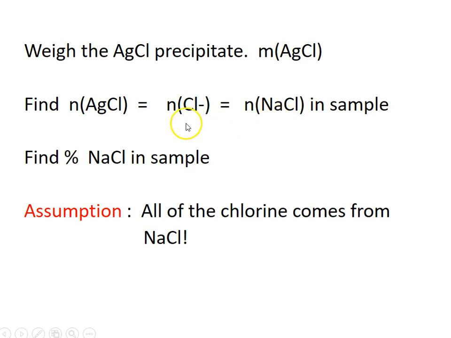We're assuming that all the chlorine ions came from sodium chloride, from salt. It's not necessarily true. In the peanut butter, maybe there could be potassium chloride or calcium chloride, or some other sort of chlorine. So the assumption is that the chlorine that you're measuring has all come from sodium chloride.